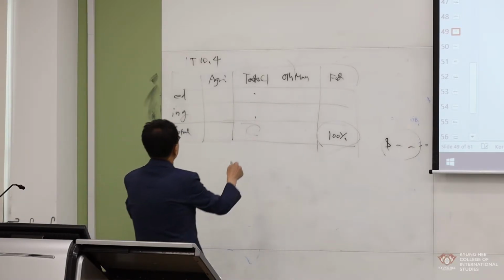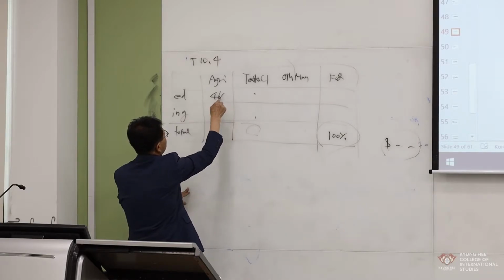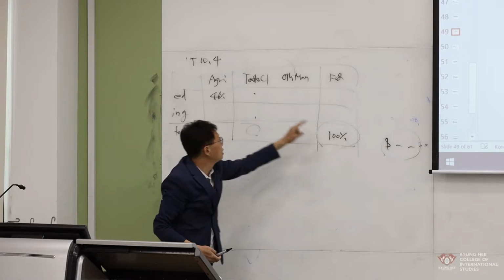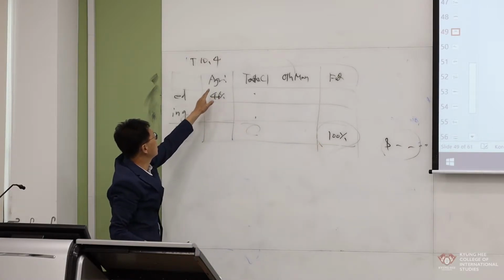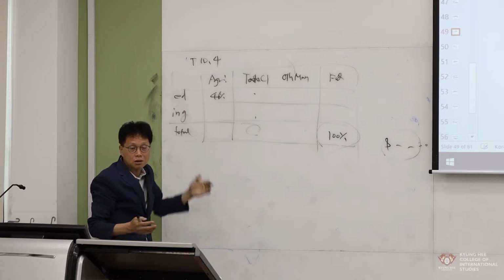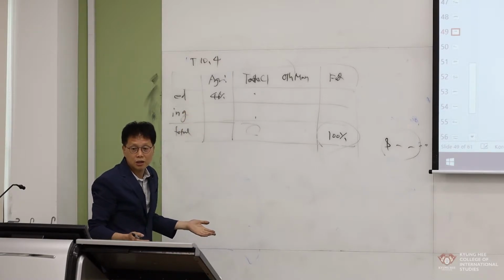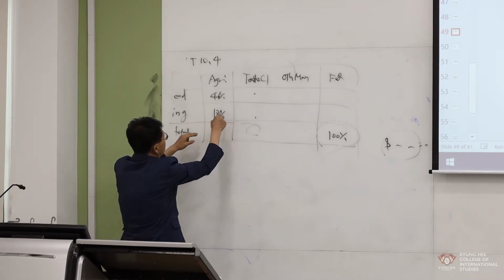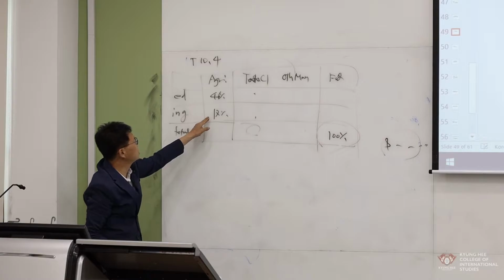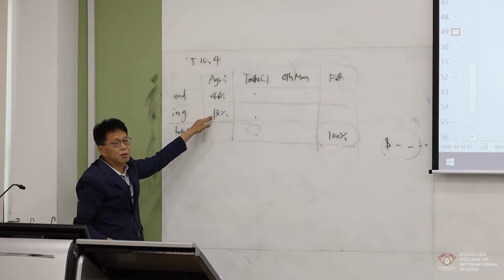Now think about 40% of total gains from full liberalization comes from liberalization in agriculture by developed countries. Got it? Right? And 70% of total, 100%, comes from liberalization in agriculture in developing countries. Right?